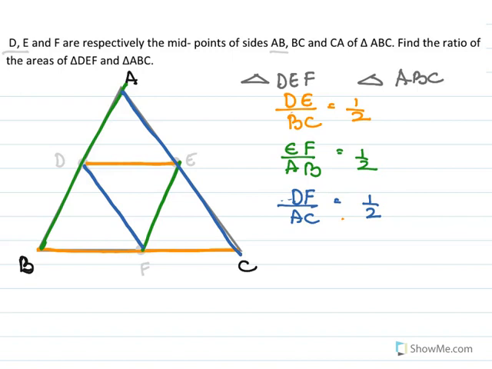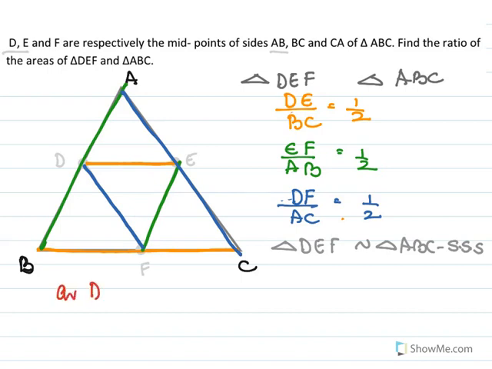Therefore, the triangles are similar by SSS test. We showed that the three sides are proportional. So we can say the triangles are similar by SSS test. So triangle DEF is similar to triangle ABC by SSS test. Now if they're similar, we have that property.